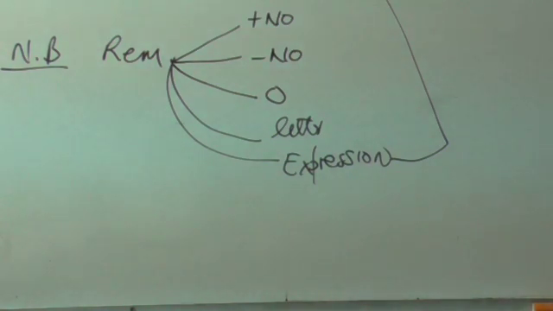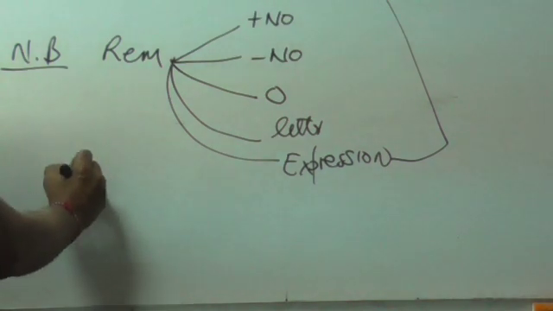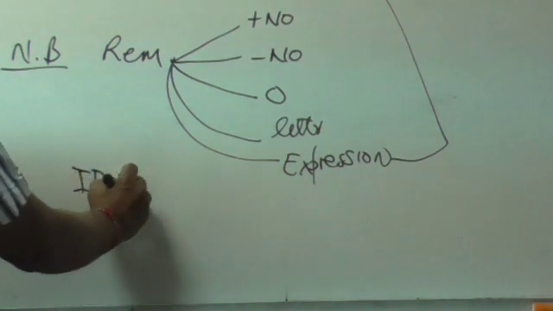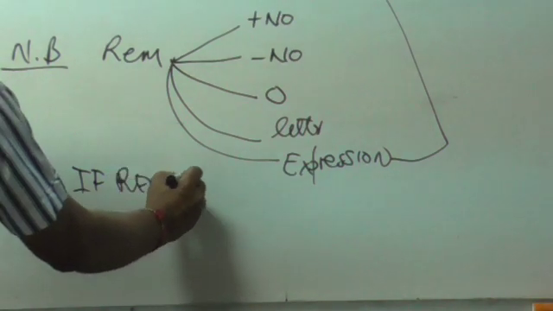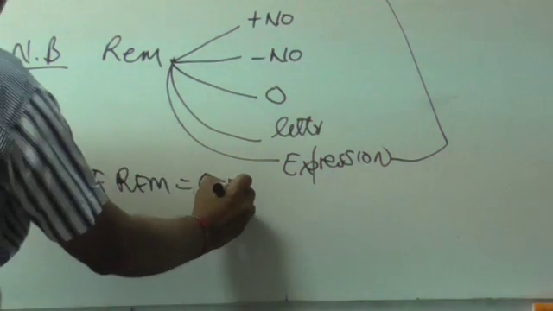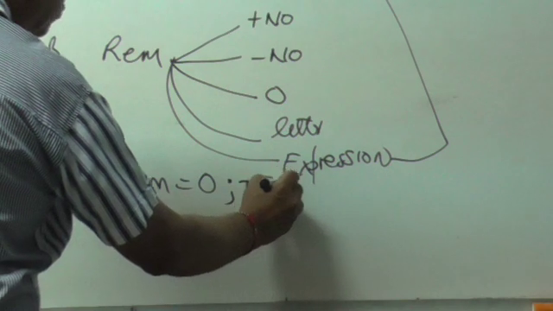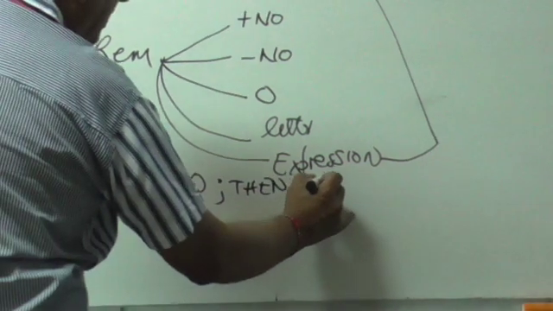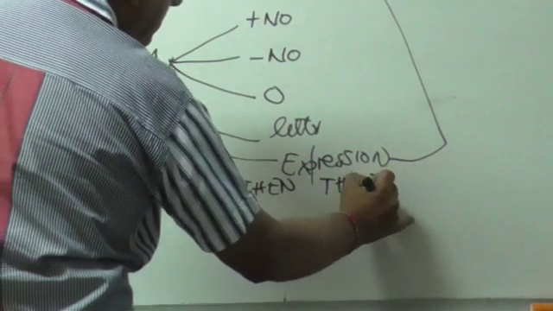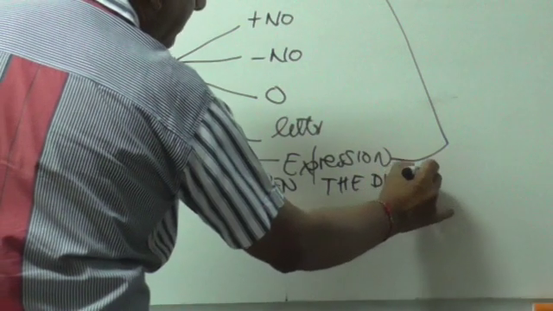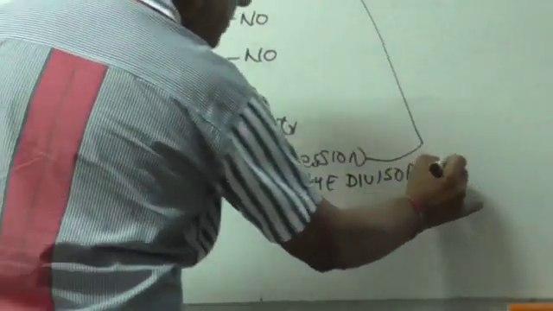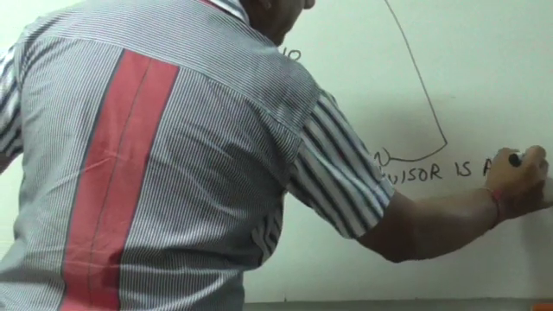Now, when the remainder is equal to 0, then the divisor is a factor.